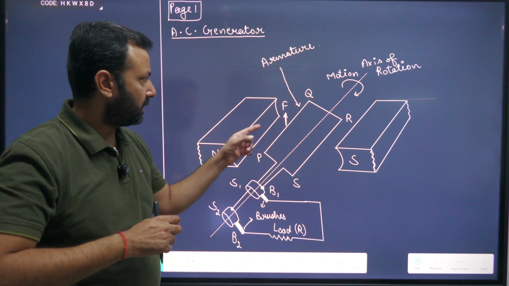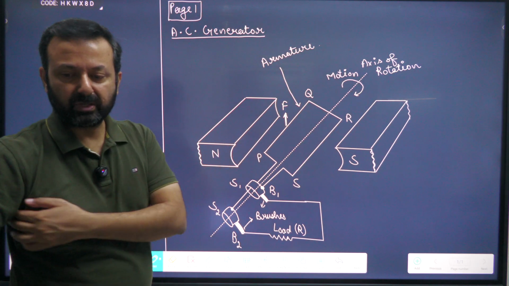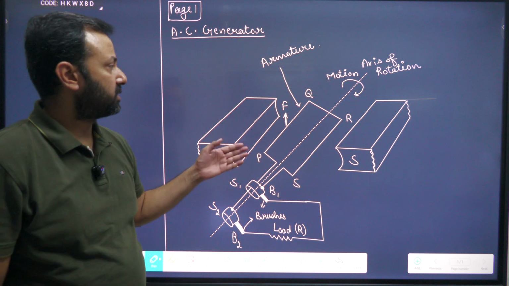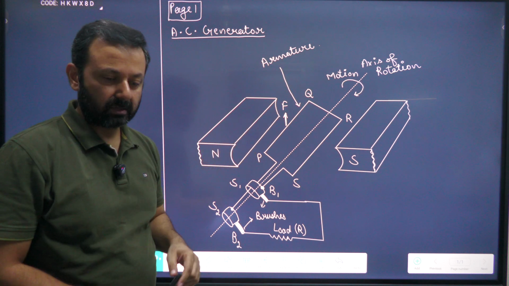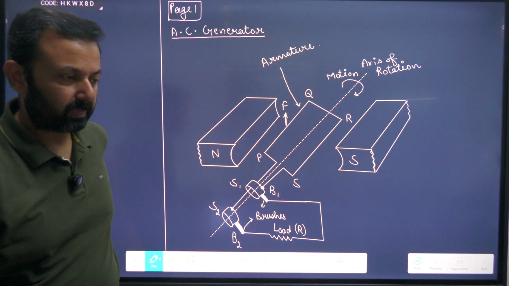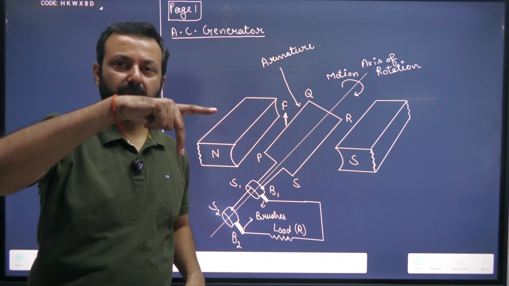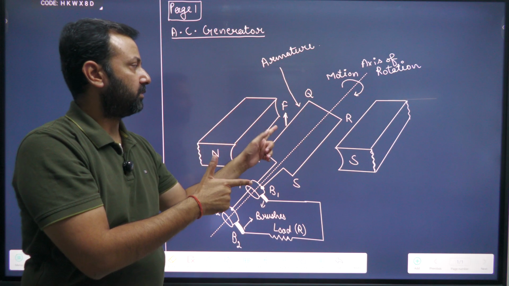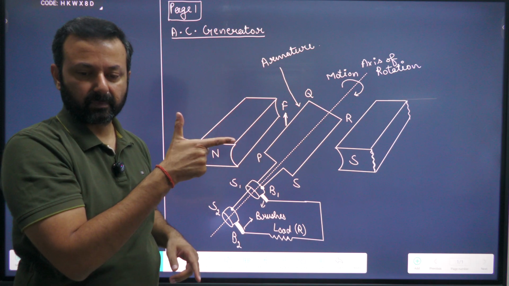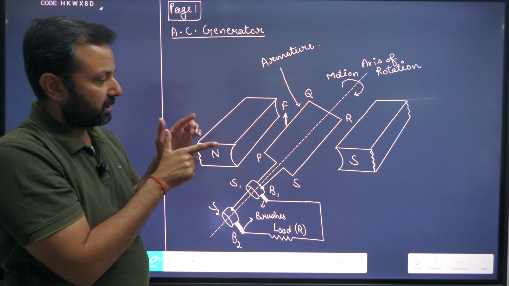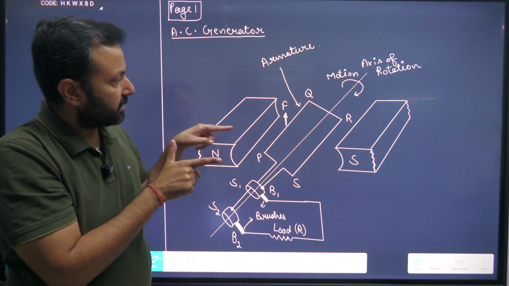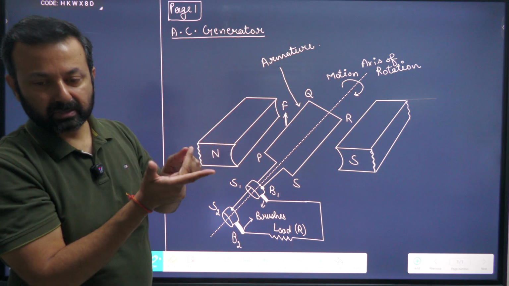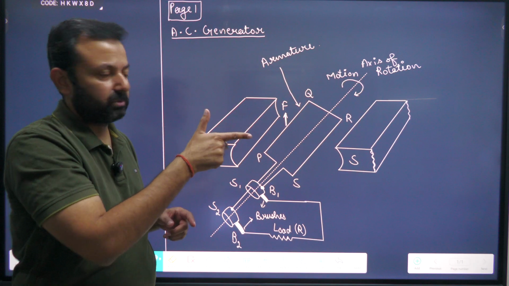If we look at this PQ branch, the direction of force, the thumb, is upward, because it is experiencing a force in the upward direction. The index finger is in the rightward direction. Then where is our central finger? The central finger is into the page.